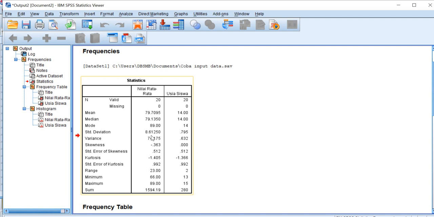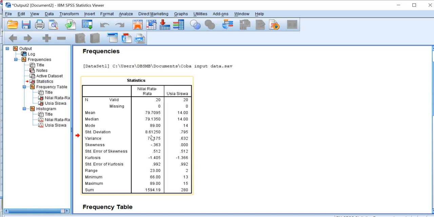The bigger the standard deviation, the more heterogeneous the data. On the other hand, the smaller the standard deviation, the more homogeneous our data.